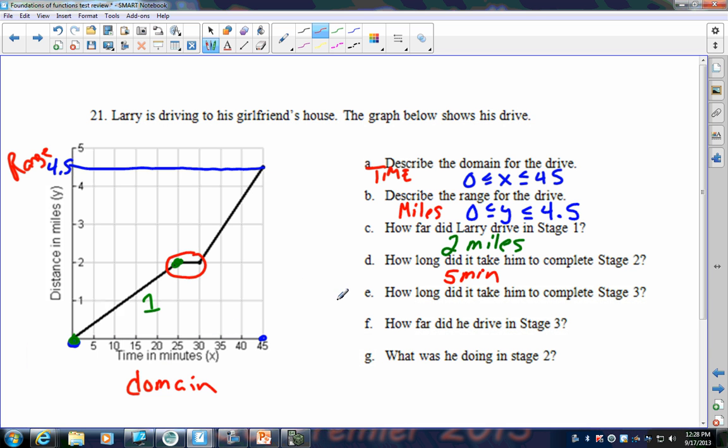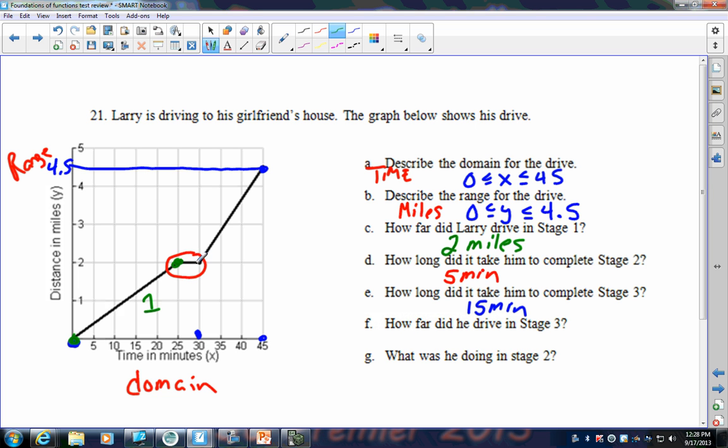How long did it take him to complete stage 3? 3 starts at 30. And it goes up here to 45, so it's 5, 10, 15. It should be 15 minutes. Then it asked, how far did he drive in stage 3?